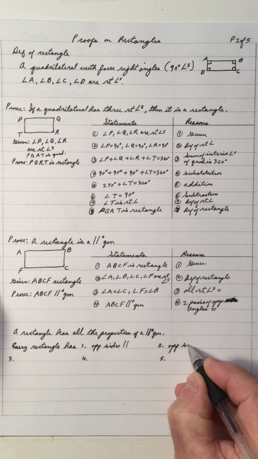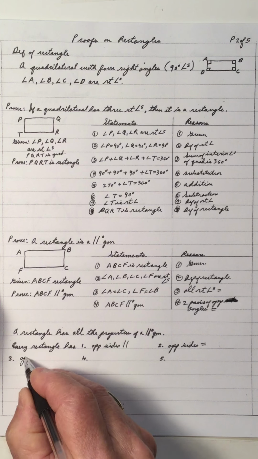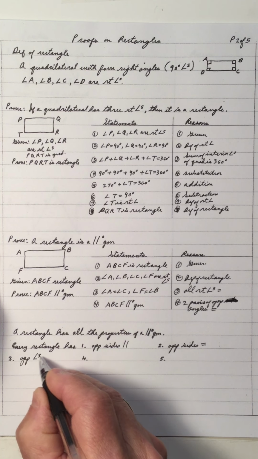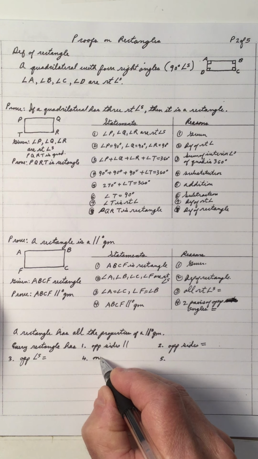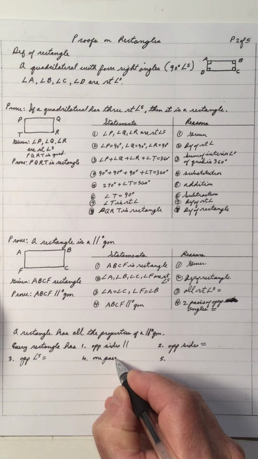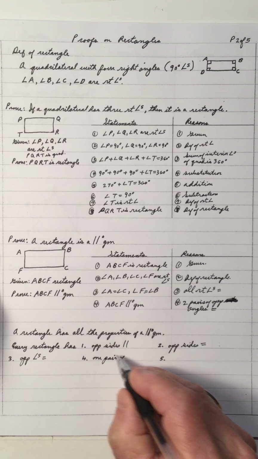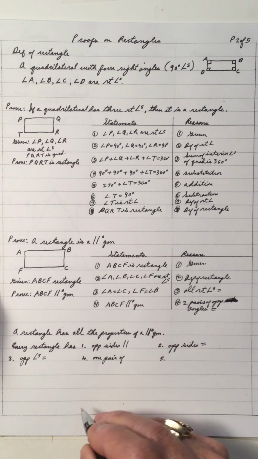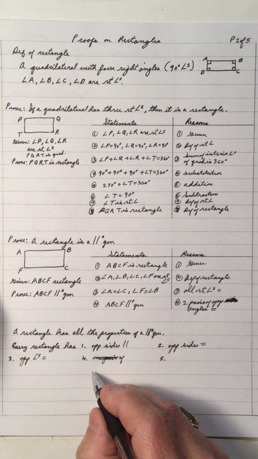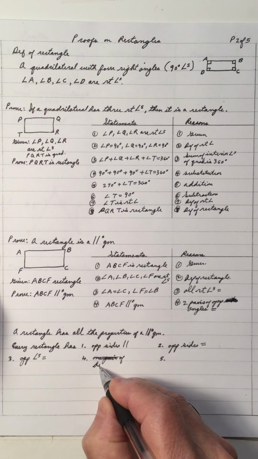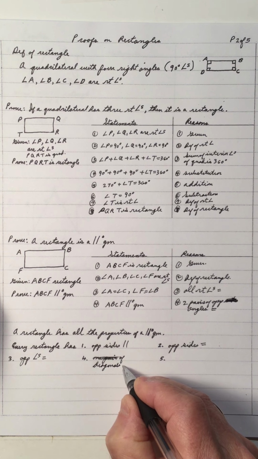Every rectangle has opposite sides equal, and it has opposite angles equal, and it has one pair of opposites. No, I better not say that. I better say that the diagonals bisect each other.